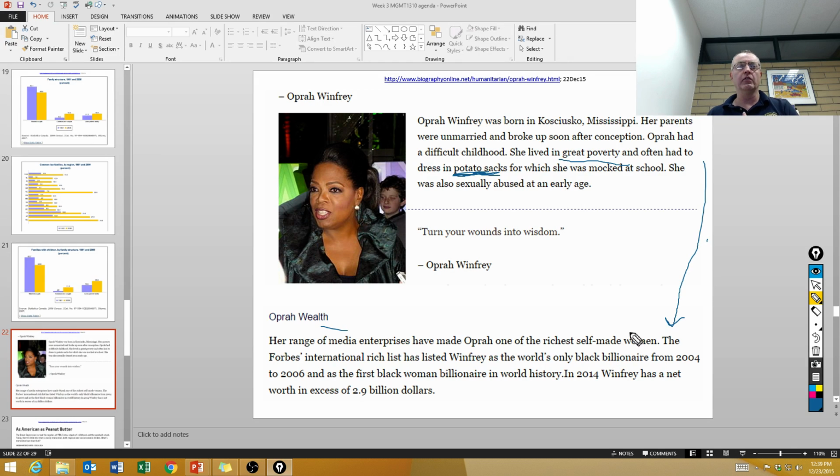We all know that Oprah Winfrey is a very famous and affluent television talk show host. But here's just an example that economic class, she was born into a poor economic class, did not hurt her economic aspirations. And it's just illustrating that economic class is not very strong in North America.